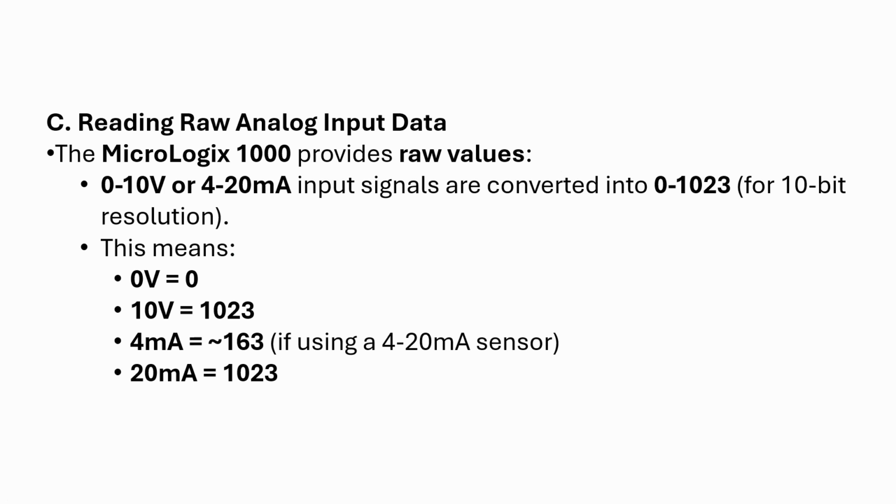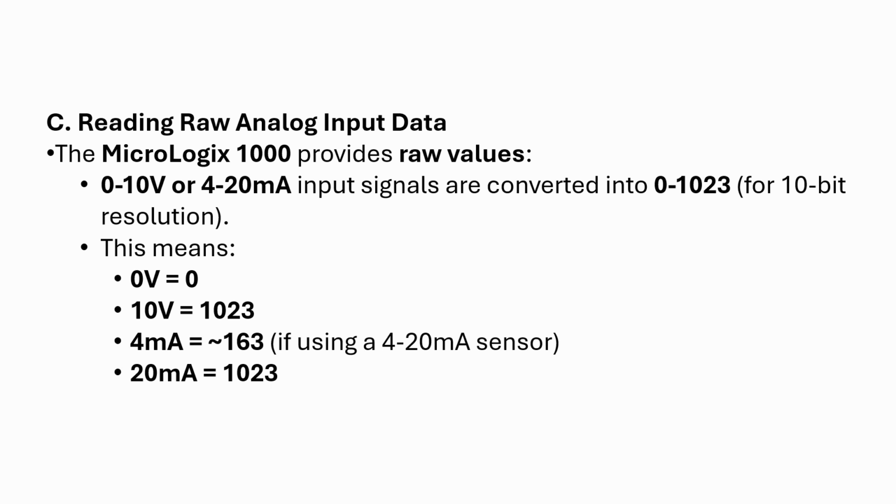Now, I actually prefer the 4 to 20 milliamps over 0 to 10 volts, and the reason is if you have a broken wire with your 4 to 20 milliamp signal, you're not going to have 4 milliamps at the input. So if you're reading pressure, say from 0 to 100 psi with a sensor, at 0 psi the PLC should have a value of around 163 because you should be getting 4 milliamps when the pressure is 0.